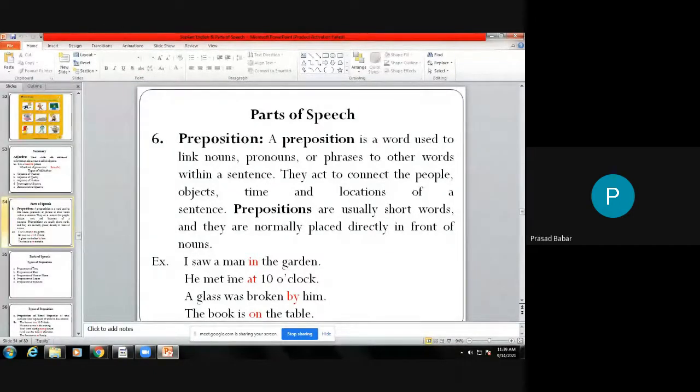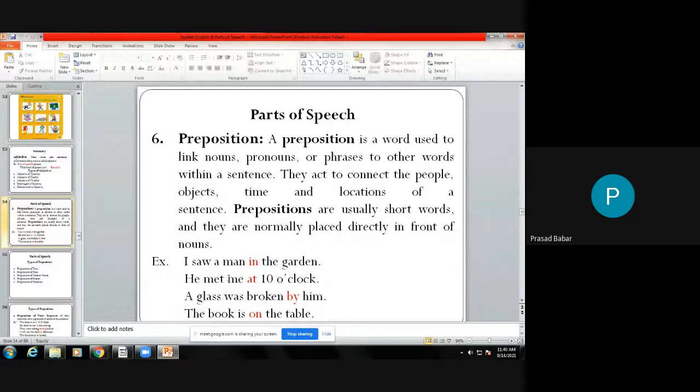So there are other words within a sentence that are linked with the noun or pronoun or phrases with this part of speech, okay.